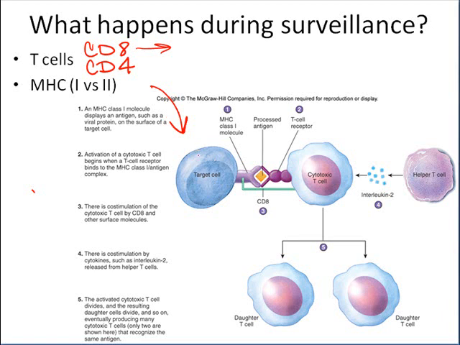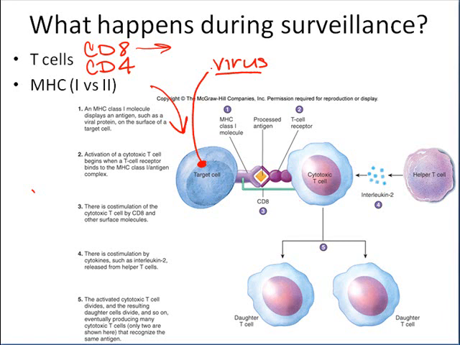If that cell has become infected with a virus, remember that viruses infect cells by physically entering the cell and taking over the nucleus of the cell. They force the cell to stop making all the proteins it normally makes and instead make copies of the virus, and then release those. So basically what a virus does is it takes over a host cell and forces it into becoming a virus factory.